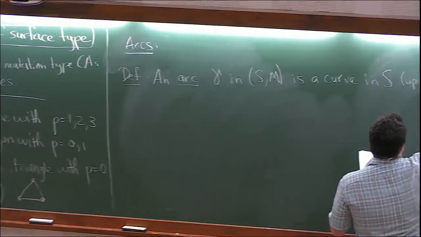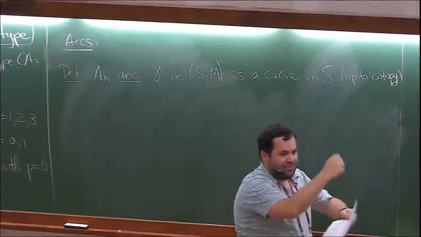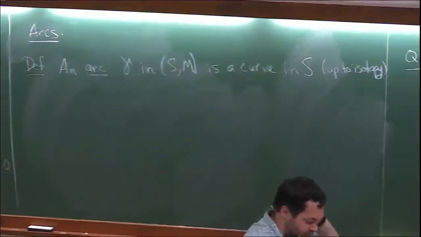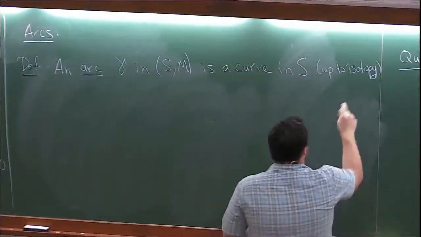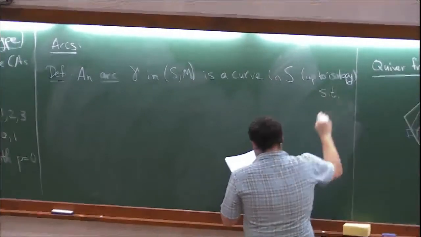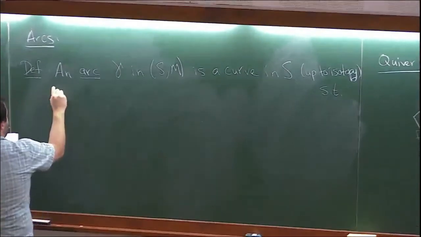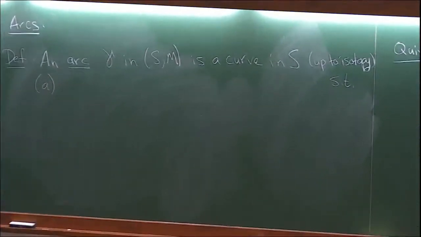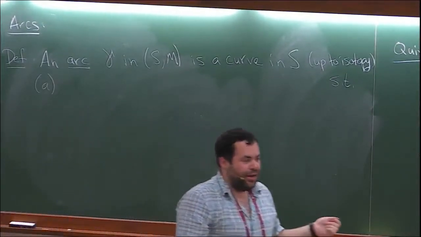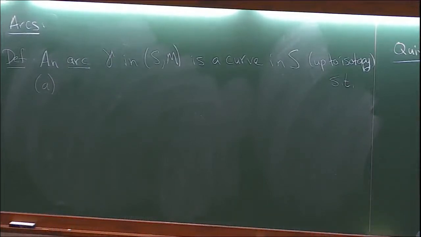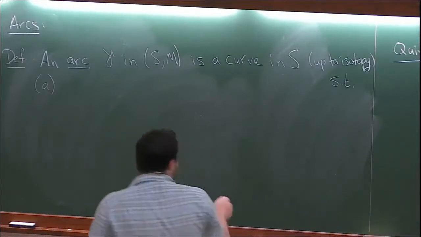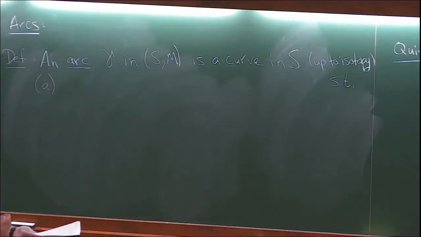I'll tell you what this means. It just means moving around the curve inside my surface. I'll mention this in a second. Such that some things need to be satisfied. So I want the endpoints of my arc to only lie on these marked points. An arc just can't start anywhere. It has to start at a marked point.